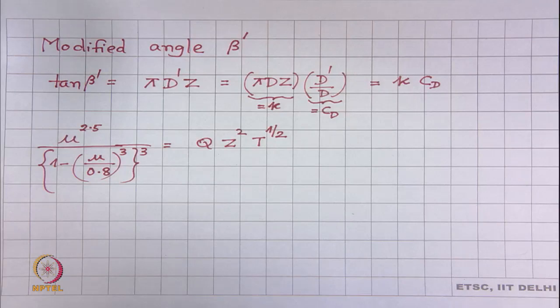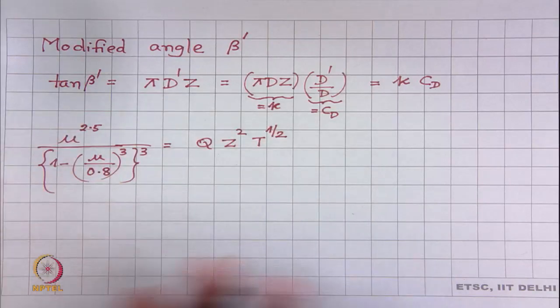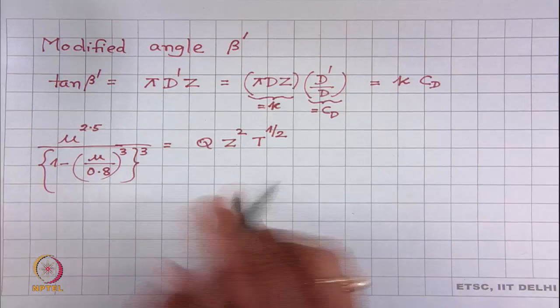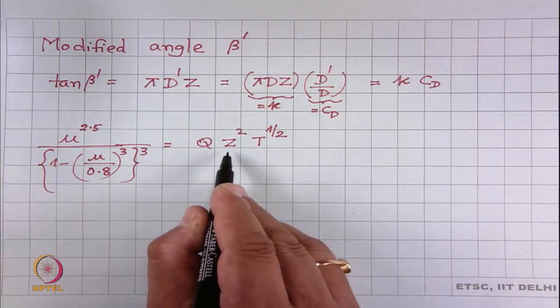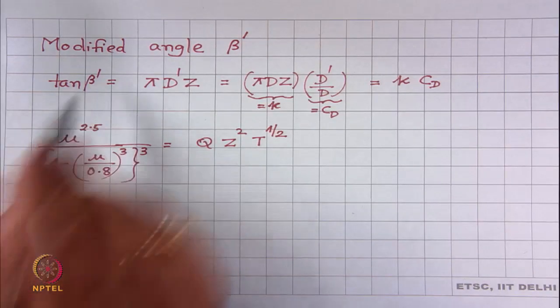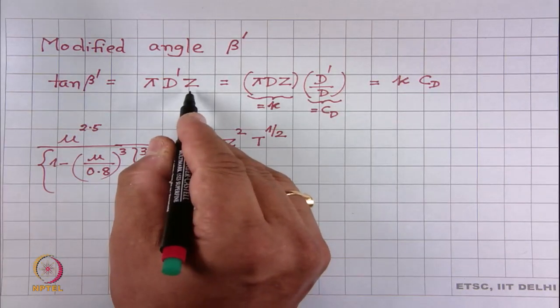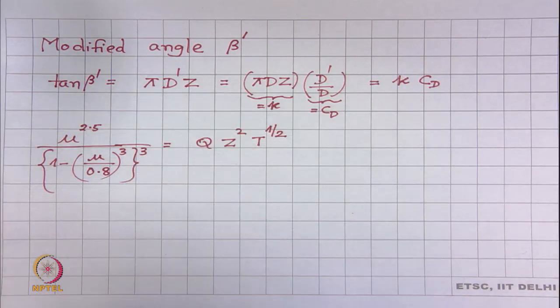Now, if we need to change this expression, we need to work with Z. Why? Because this Z is involved in tangent of beta prime, is it not?